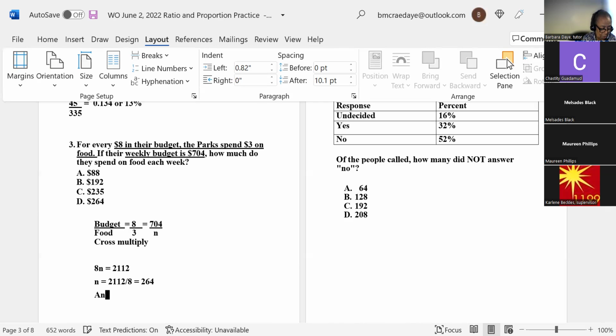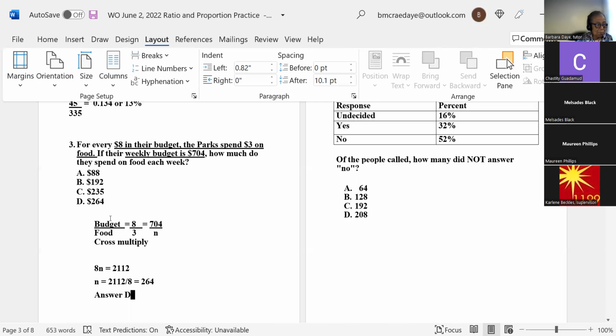So Mercedes, what was your problem with this one? You didn't solve it. I didn't set it up properly, miss. Remember, I say put the right tags in. See, budget over food, budget over food, budget over food. You could have said food over budget, but then that means you have to put 3 over 8 and n over 704. Same thing.